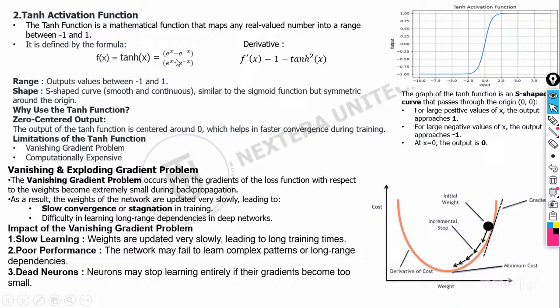Since I'm using exponentials, the limitation is that it is computationally expensive. But the vanishing gradient problem is still there. Why? Even if you try to take the gradient of this formula, you'll get values between 0 to 1. Since the values are close to small values, the vanishing gradient problem still exists in the tanh function as well.